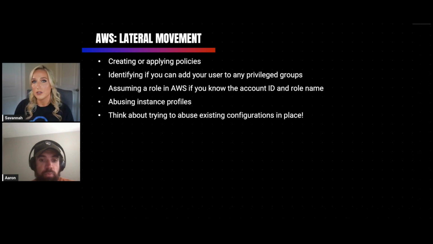Or like I was mentioning before, enumerating the assume role, you can do this again later on in the lateral movement phase as well, seeing if you can find any higher level users or any policies that are misconfigured that you can assume that role for, or if you can add a user to a group, depending on what type of permissions you have with the user that you do have in that environment.